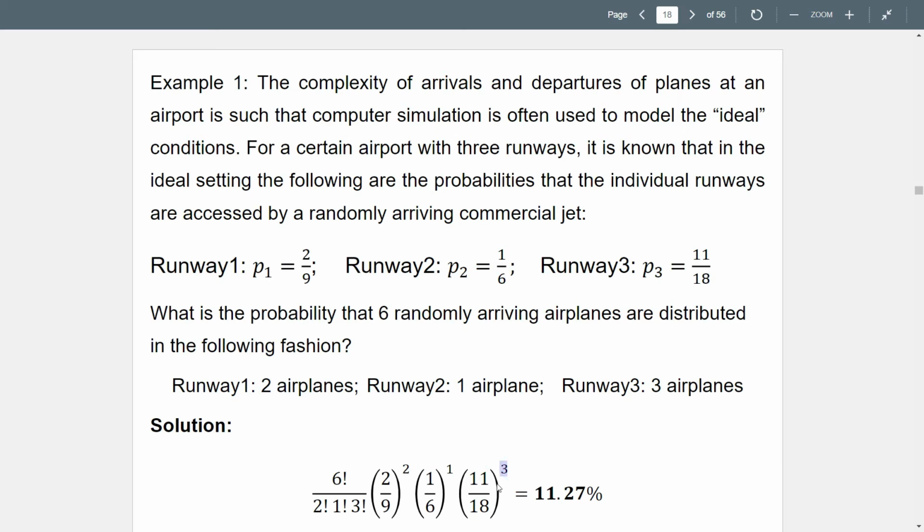If you have 4 runways, you'll have p4 raised to n4, and so on. Then you'll have an n4 here. By simplifying this equation, you'll have an 11.27% probability of getting this fashion.